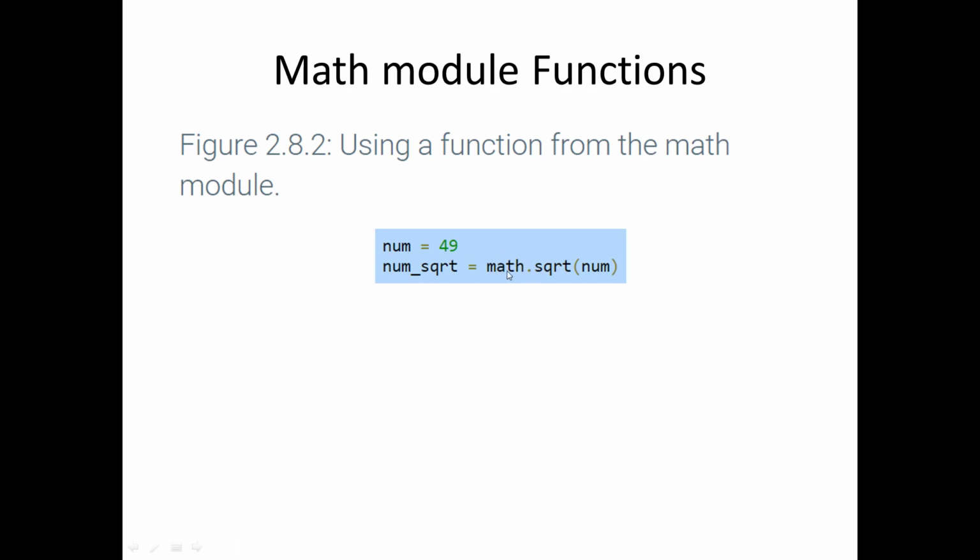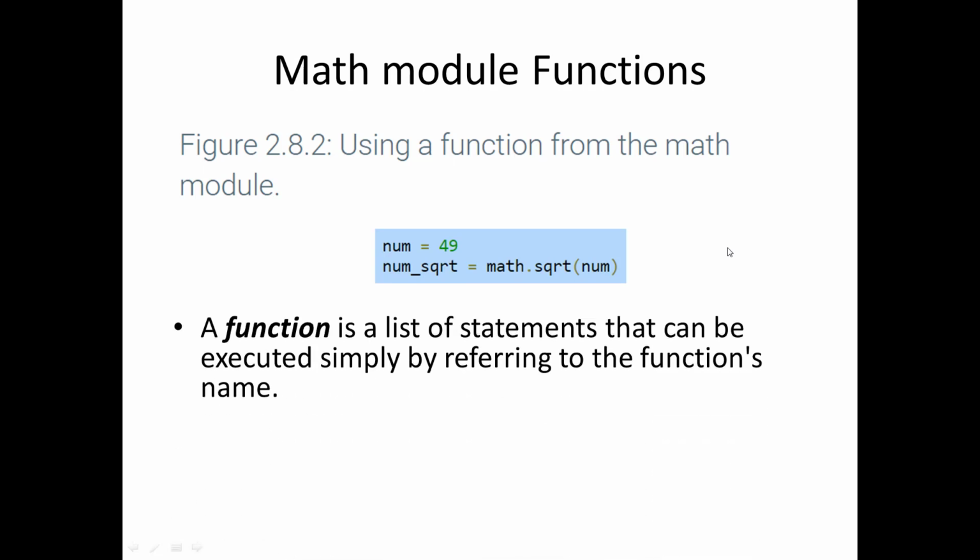Says we want to use the math module and the square root function within the math module. We're going to pass an argument of num to it. This value will go in the variable square root. That's how we use the math module functions. And once again, a function is just a list of statements that can be executed using the function's name.